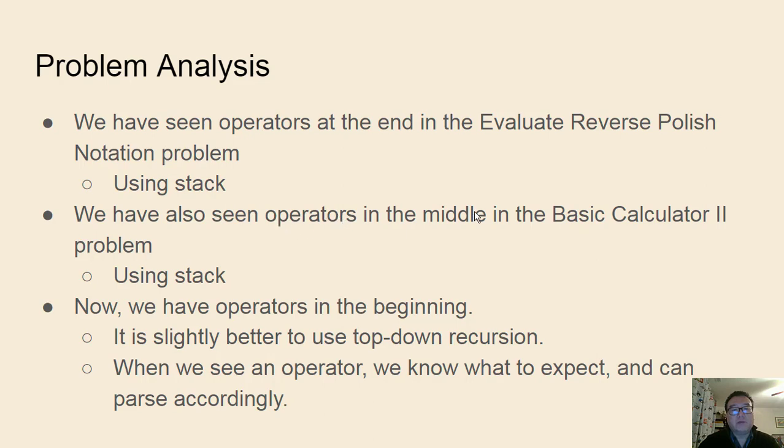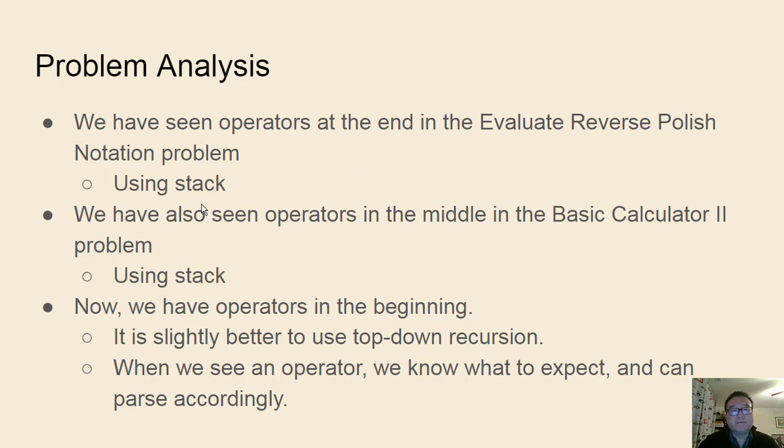And we've also seen operators in the middle in the basic calculator 2 problem. So we can see 2 plus 3 times 5. We also use a stack to process that. When we see an operator, depending on its type, we may decide to just push things on the stack, or when it's multiplication or division, we pop one thing from the stack, read the next number, do the operation, and push the result.